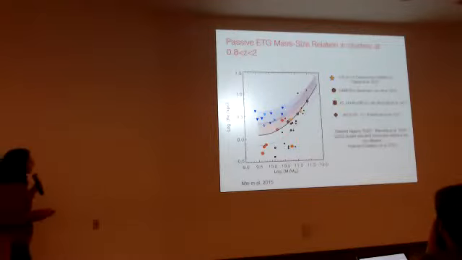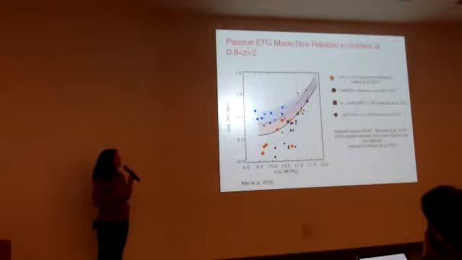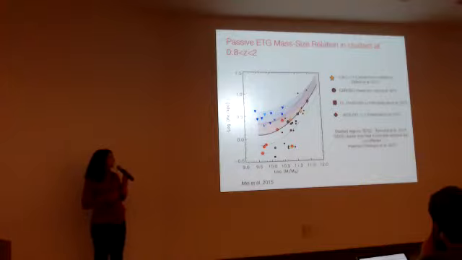Their sizes: this is the mass-size relation for star-forming and passive galaxies in the present universe from SDSS, from Bernardi et al. Our sample are the triangles and the circles. The triangles are the star-forming, the red circles are the passive galaxies. And here are the relations from CANDELS for a sample at z equal 1, from Lei et al. 2014.